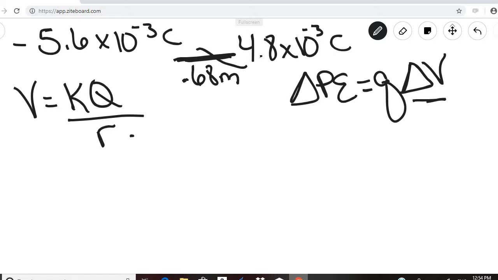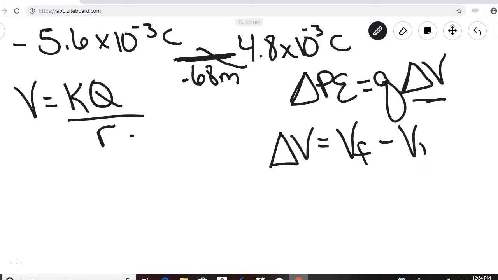And we've already said that delta V is equal to VF minus VI. Okay, so let's calculate these two values so that we can get the change in electric potential.